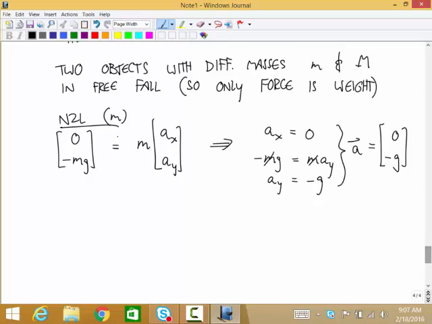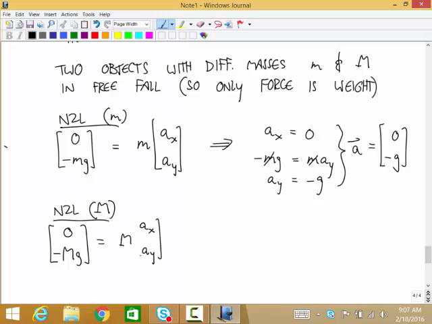And so obviously, if I represent the mass by big M, the same thing's going to happen. So Newton's second law for the object with big M, the weight is (0, negative Mg). That's equal to big M times the acceleration. You go through the same calculations and get the acceleration vector (0, negative g).